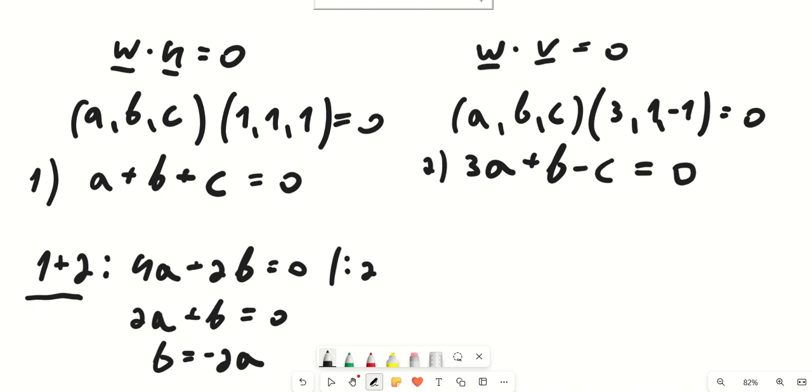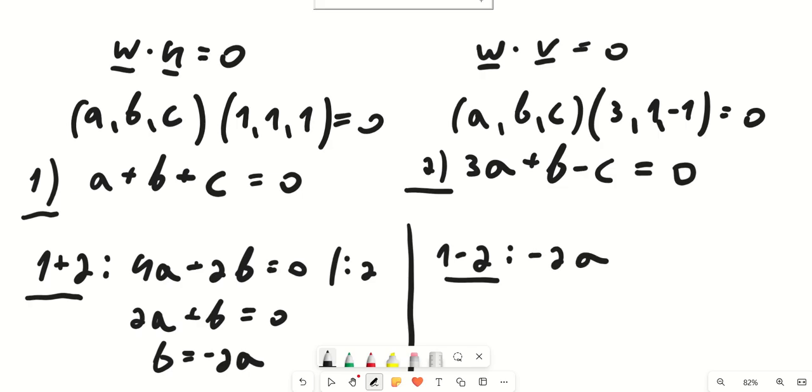Now if I take equation 1 minus equation 2, I would get minus 2A, B minus B cancels out, and C minus minus C is plus C, and I get that C equals 2A.